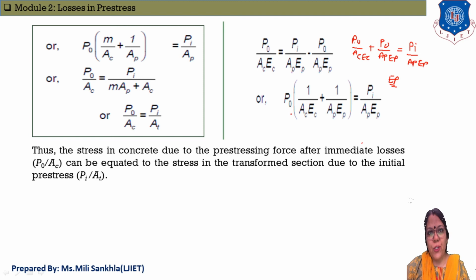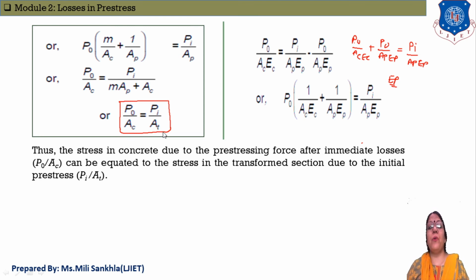We use this equation also, and the final one is this one. Our final equation is this. Now what is the equation? Stress. This final equation is the stress in concrete due to prestressing force after immediate losses, that means our P0 by AC can be equated to the stress in transformed section due to initial prestressing, that is equal to PI by AT.